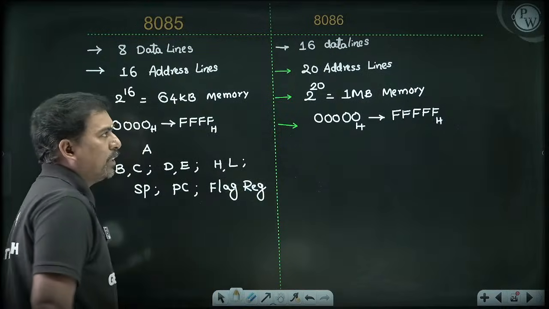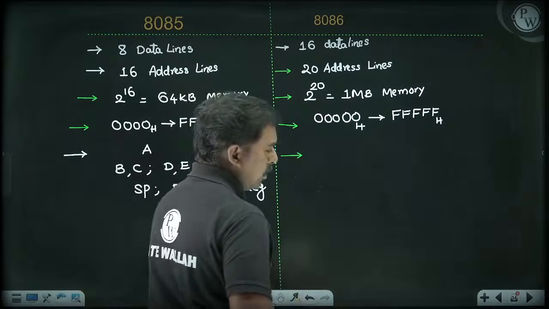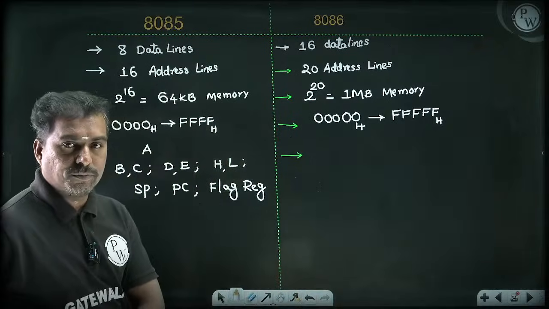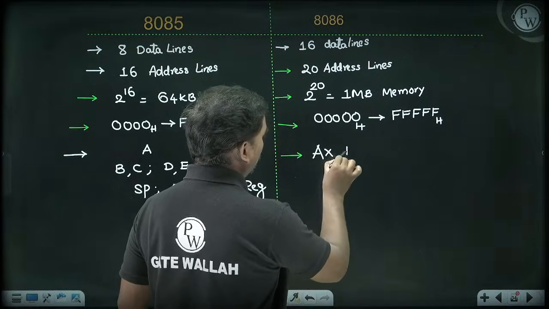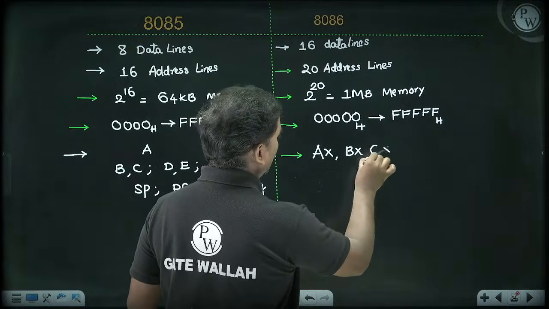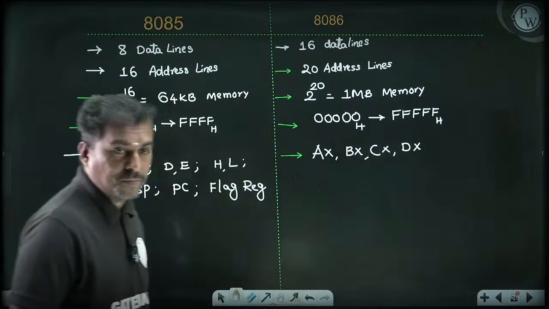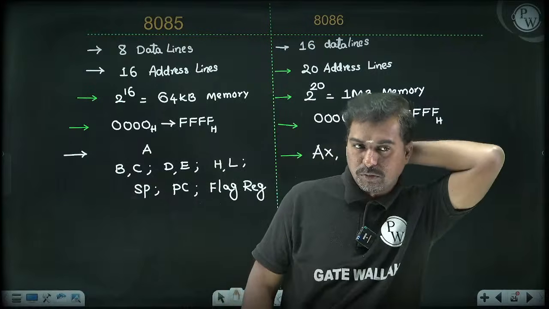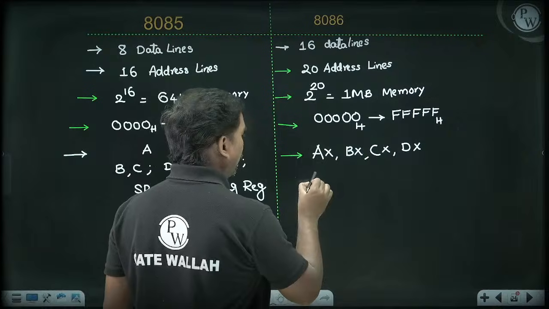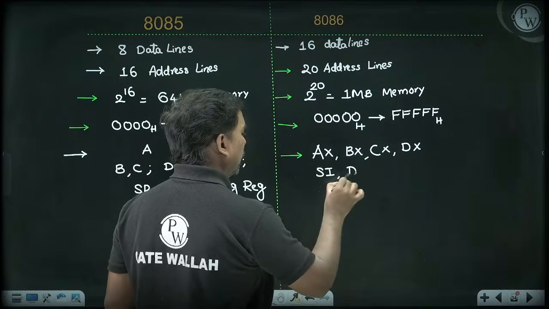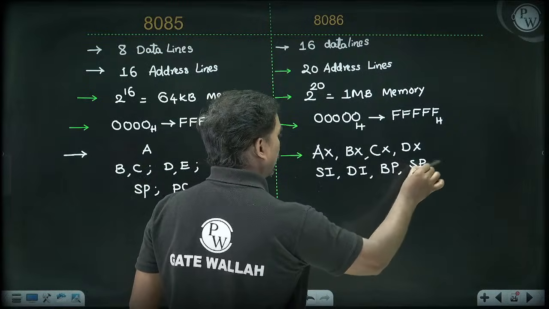But if we see the 8086, in 8086 we are having AX, BX, CX, DX. Okay, so these are the registers. Please make a note of these points. In addition to that, we are having source index, destination index, base pointer, stack pointer.